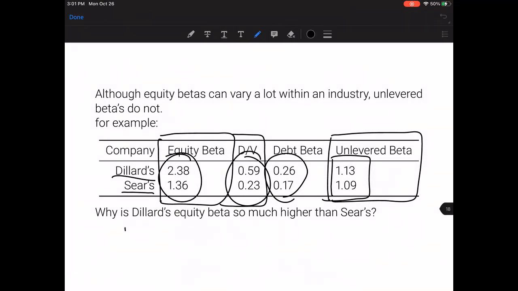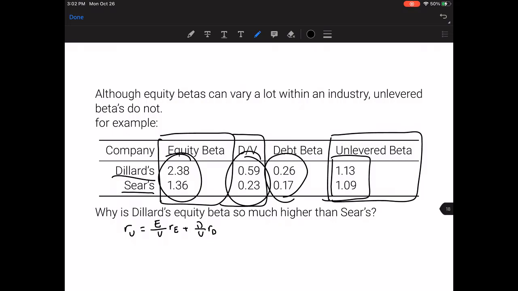So for simplicity, let's recall that our unlevered cost of capital looks like the following form. It's E over V times RE plus D over V times RD. We can rewrite this as a function of RE.